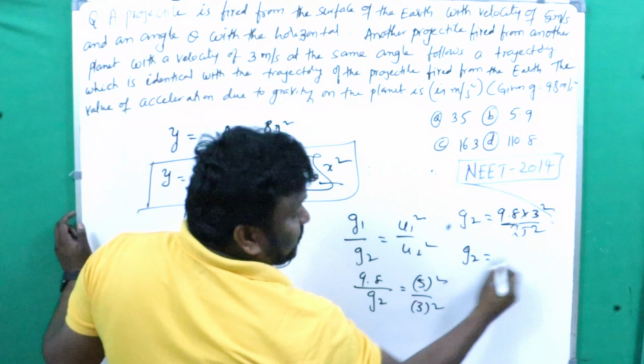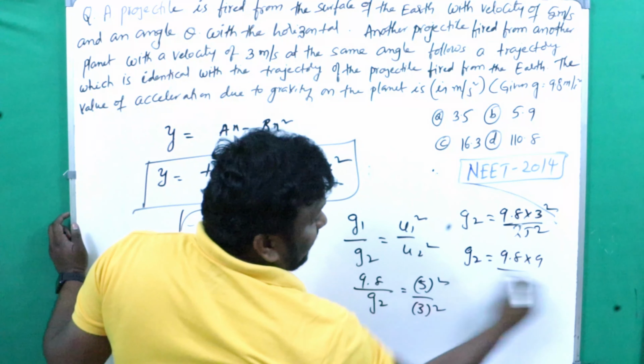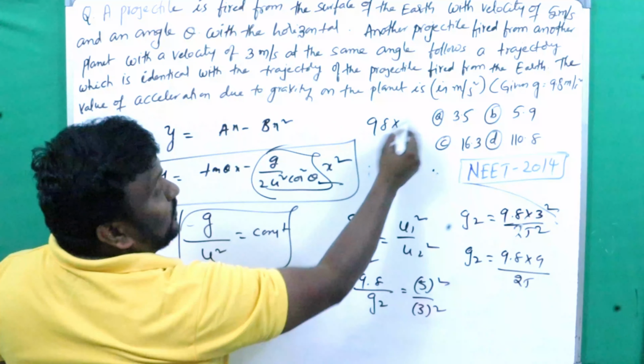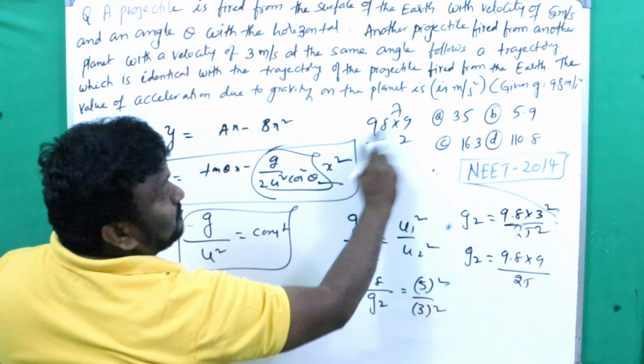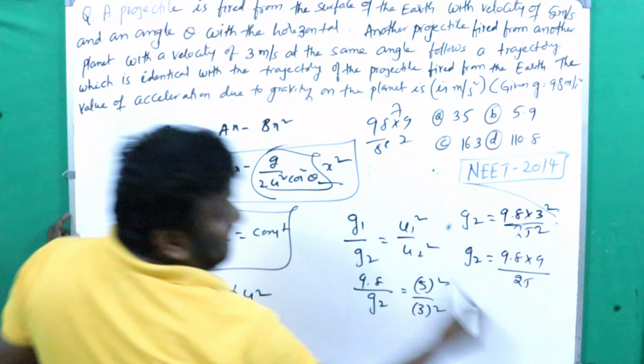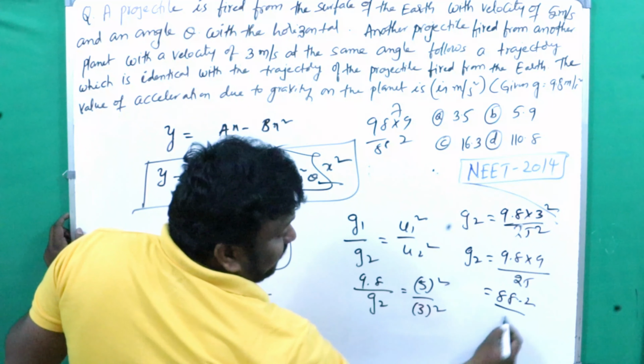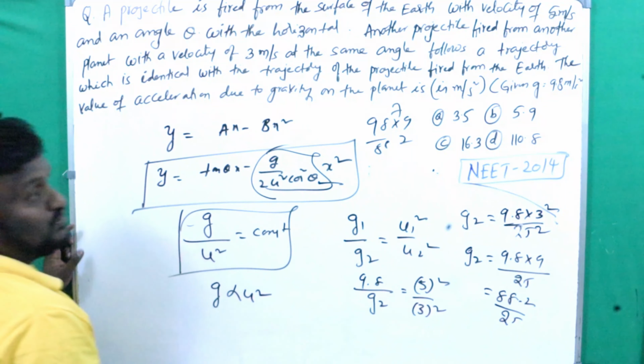Then g2 is equal to 9.8 into 9 by 25. So 98 into 9 is 882, that is 88.2 divided by 25.